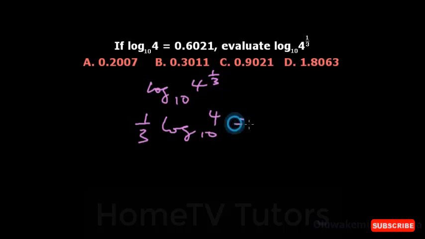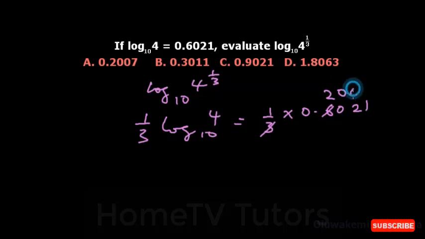So we say 1 over 3 times 0.6021. 3 here 1, 3 here 2, then 0. 2 can't go here, 0. So 3 in 21, that's 7. So answer option A is the right option.